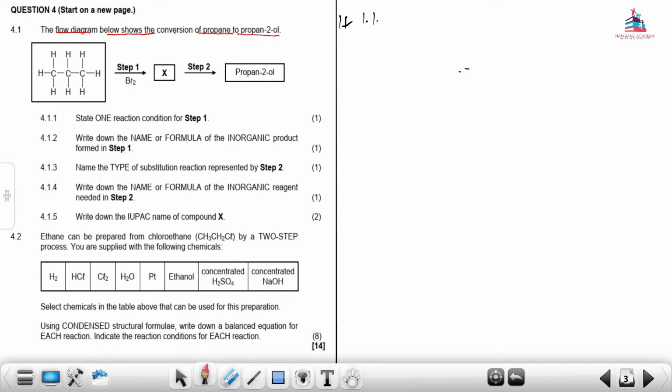So we are starting with propane, which is saturated, and there's a step in between here of X. So that step of X we'll see, but we are also going to move from X to propan-2-ol, which in this case we'll say it's saturated as well.